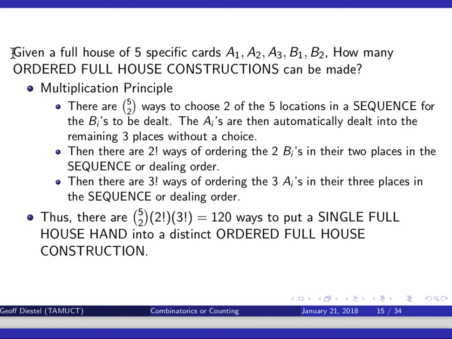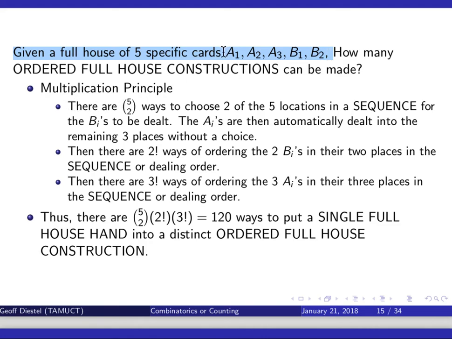So again, think about this as given a specific set of 5 cards, A1, A2, A3, for example, B1, B2, where A1, A2, and A3 are of some denomination like a 5, B1 and B2 are some other denomination like a 10. How many ordered full house constructions can be made from those cards? Well, let's think of the process.